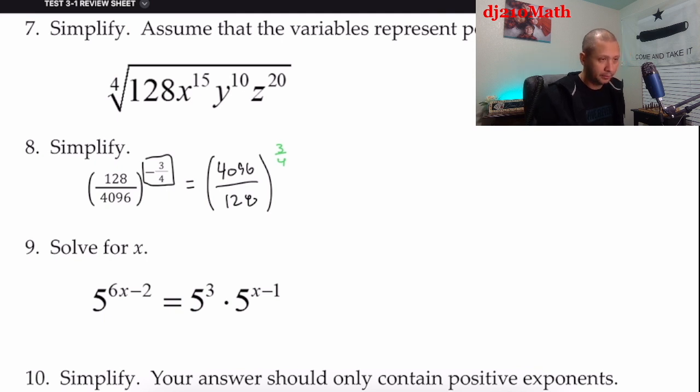So here, again, fork in the road. We can either cube the top and bottom and then take a fourth root, or we take a fourth root first and then cube top and bottom. So let's think about it. You always want to think a couple moves ahead. It's like chess. If I cube 4,096, this number is going to get very large very quick. And then we're going to have to take a fourth root of that. That's less than ideal.